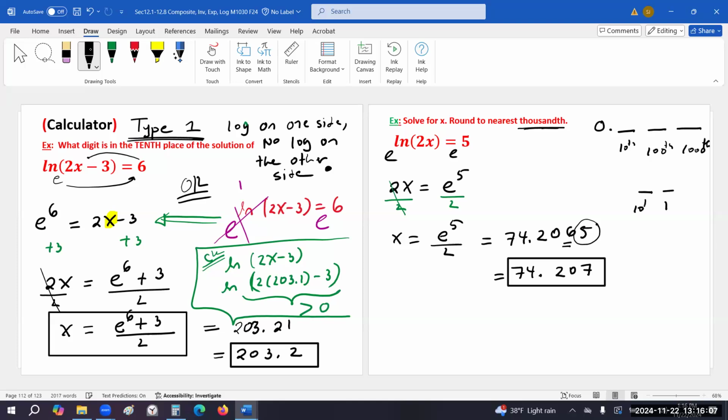The next one is 10. The next one is 100. The next one is 1,000. But after decimal, we lose the first place to the decimal. These are the decimal rules. Any other question?